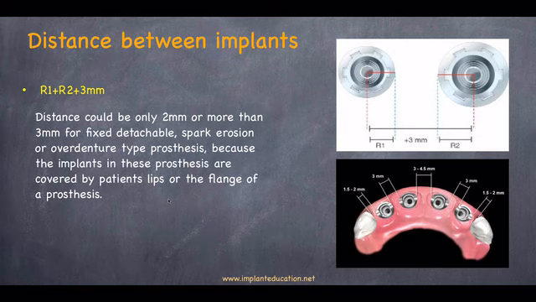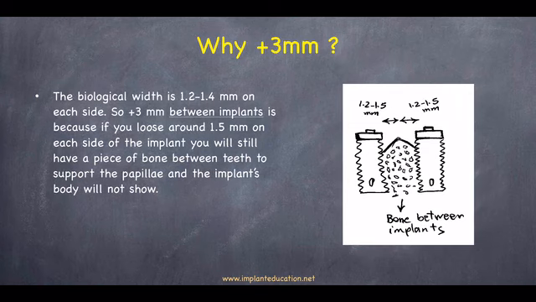So why 3? Because we have something called biologic width, and it depends on how deep the location of the implant's platform is relative to the crestal bone, what kind of biotype, thick or thin, and what kind of implant connection, a standard one or a platform switch.